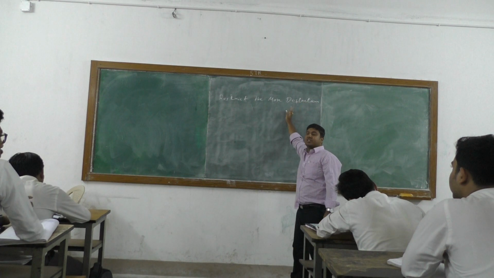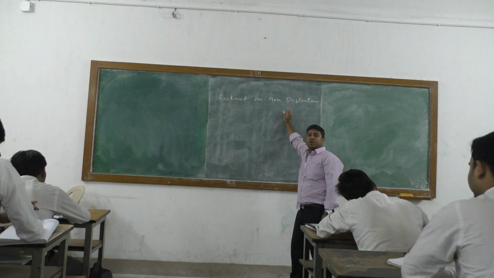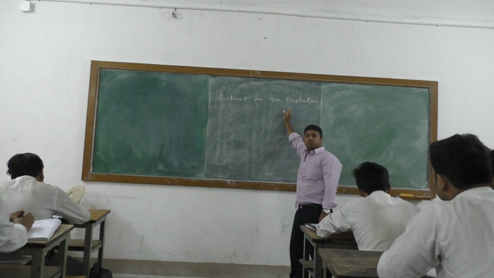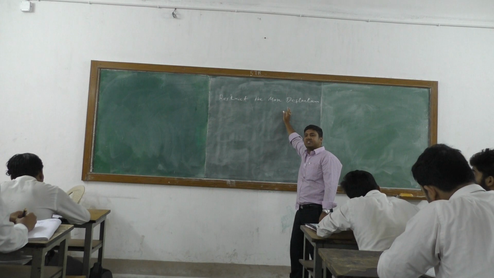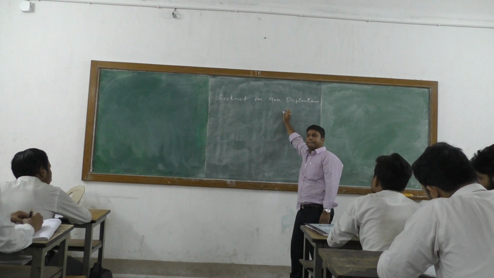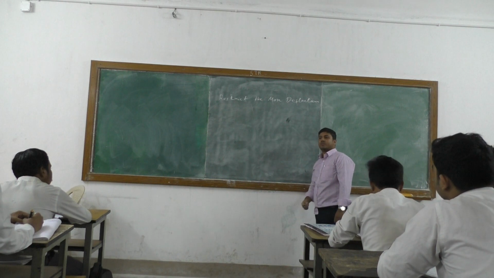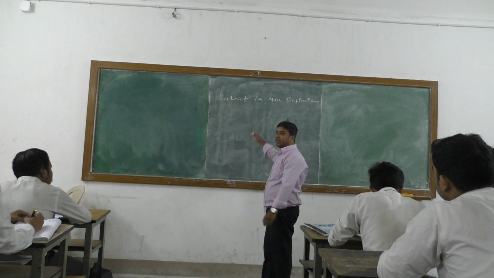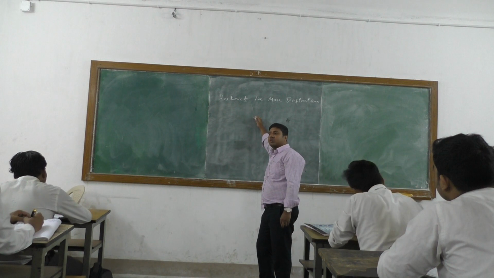Restriction of maximum deflection is due to which column of your IS code and which criteria of the limit state? Limit state of serviceability, and what is the IS code saying?